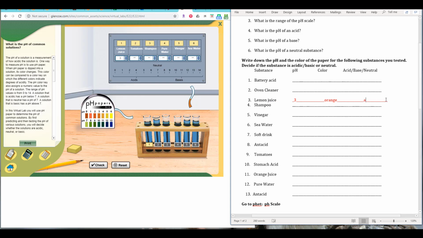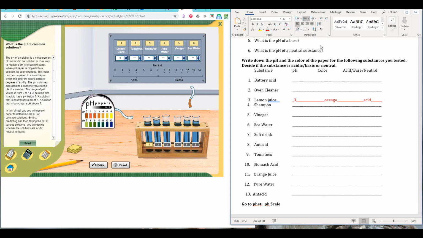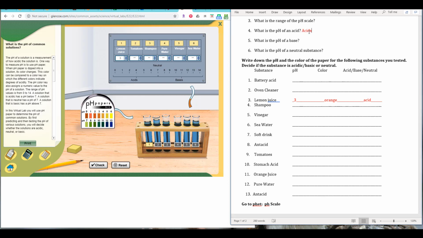It is an acid, right? Because it has a pH less than 7. Okay, so there I go. I just gave you the answer to this part. So let's go ahead and write that right here. Acids have a pH less than 7. That means that bases have a pH more than 7.